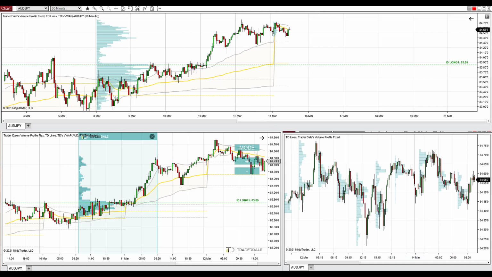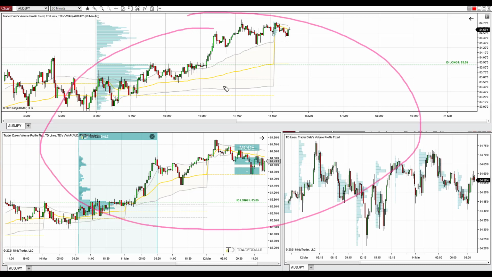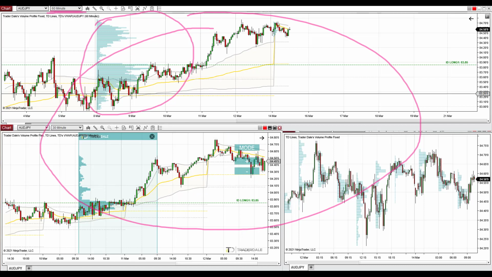The first trading idea which I wanted to show you is a day trading idea on the Australian dollar, Japanese yen. Those three charts you see all show the Australian dollar, Japanese yen. Those charts are linked. This chart is a 60-minute chart where I have weekly volume profile, which shows how the volumes were distributed throughout the whole week. Now, this chart below that, this is a 30-minute chart.